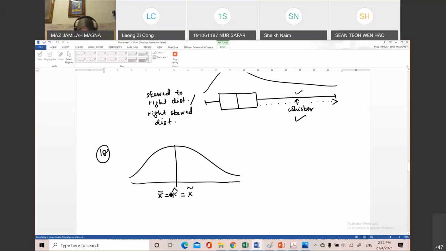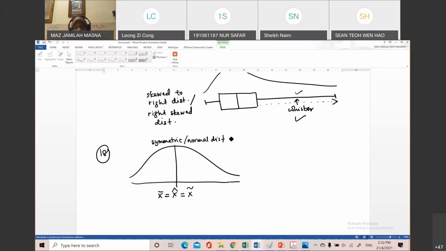This is what we call symmetric distribution or normal distribution. Understand, class? When you have symmetric distribution, remember all the measures of central tendency share the same value. There will be one value and that one value is referring to your mean, your median, and your mode.